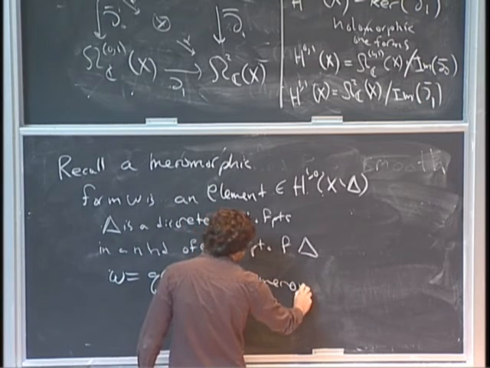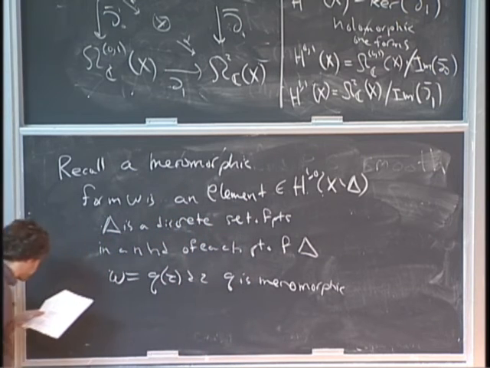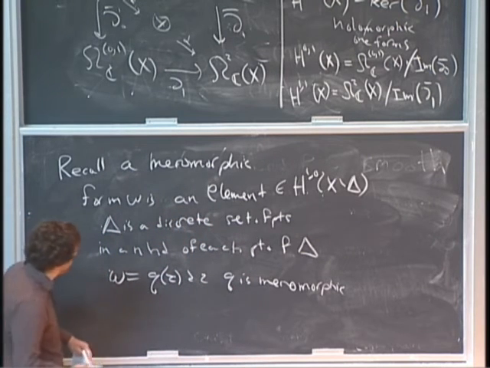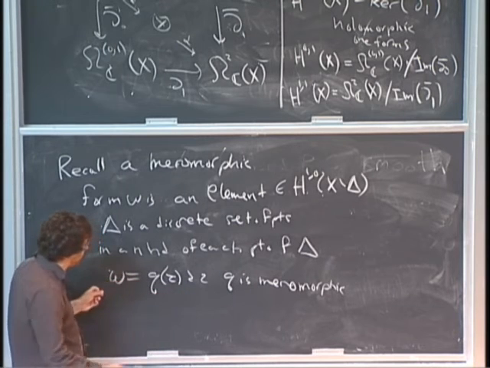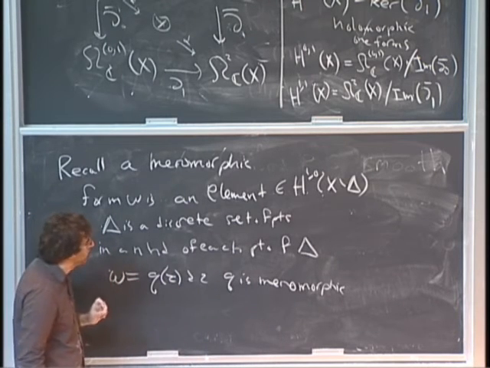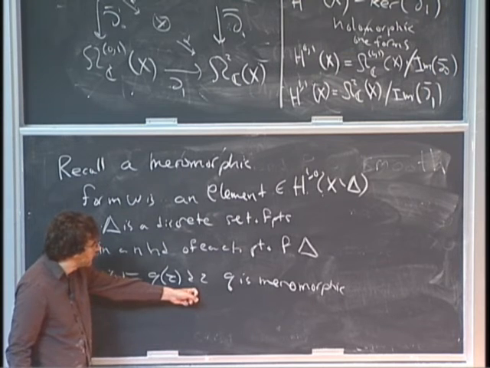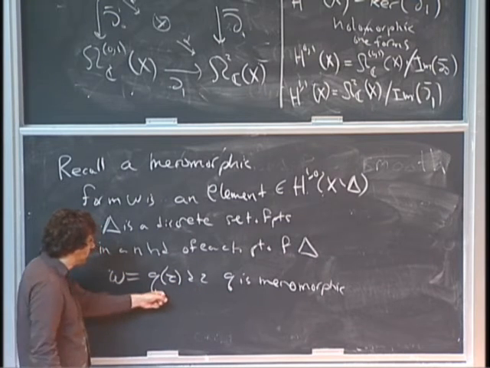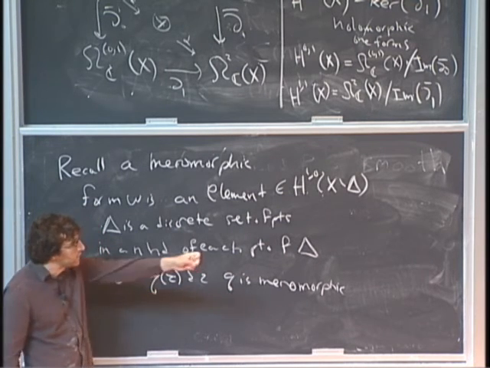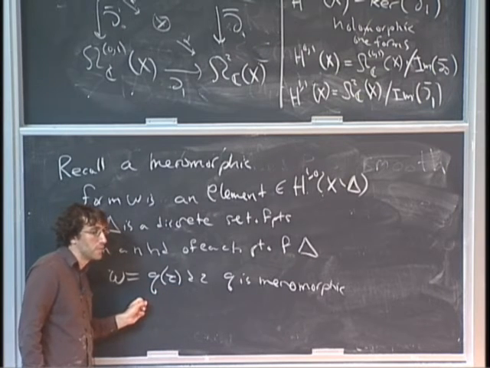The first thing I wanted to mention is that now we know these should exist, because we can take a holomorphic function, which as long as we're not the sphere we can show exists, and a meromorphic function, which we have just constructed, and multiply them together to get a meromorphic form.